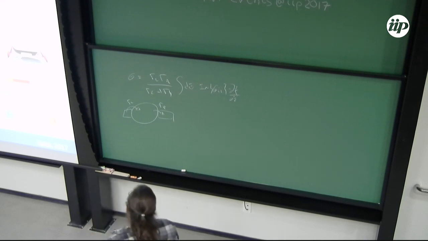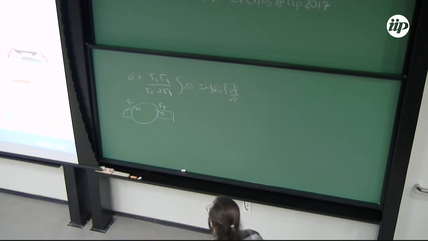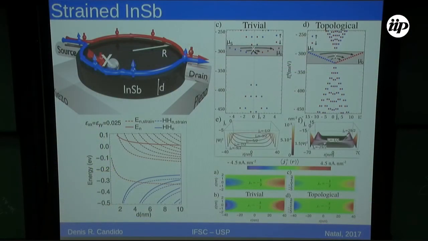So this is our further task: calculate the conductance through this formula in linear response and see if we can obtain some difference in the conductance between the topological and the trivial regime.